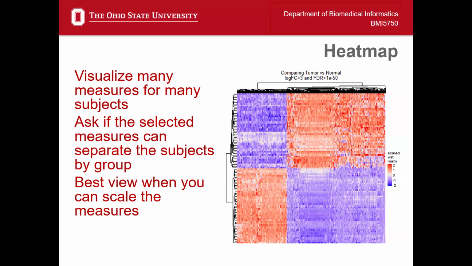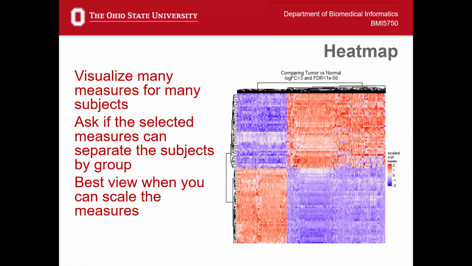The important thing when you're making a heat map is you usually want to scale the measures. So we take one gene, one row, and we don't really have to think about this because there's a command to do it. But what the command is doing is for one gene, it identifies the average expression for that gene and sets that average to 0.